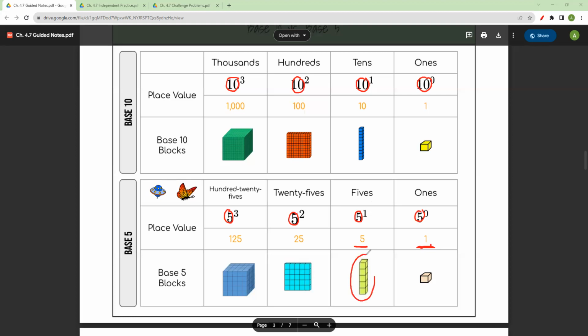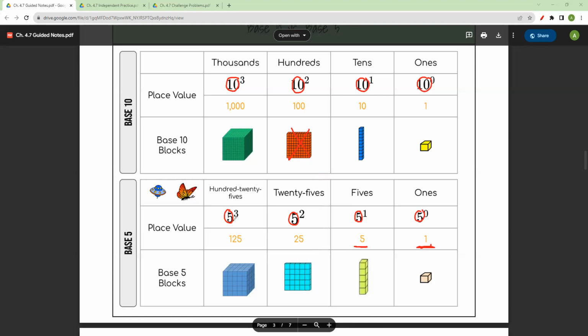So they're represented this way with these kind of lemony lime sticks. Then we have the 25s, 5 squared, 25. We don't use these red things anymore, so we're not using these 100 blocks. Now we're replacing all of your red 100 blocks with these aqua 25 blocks.